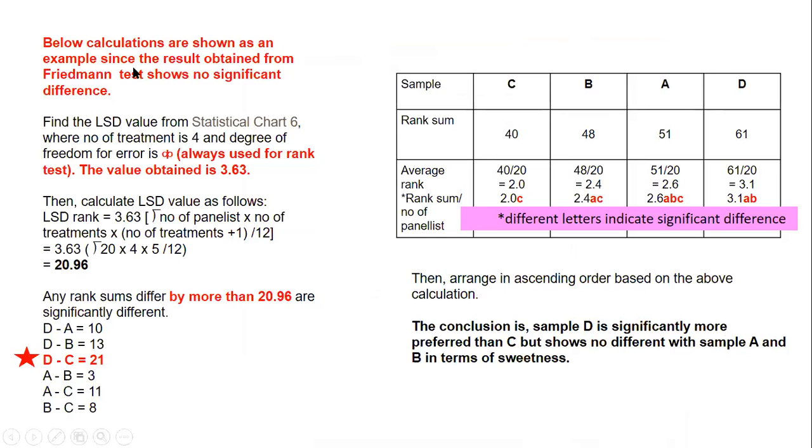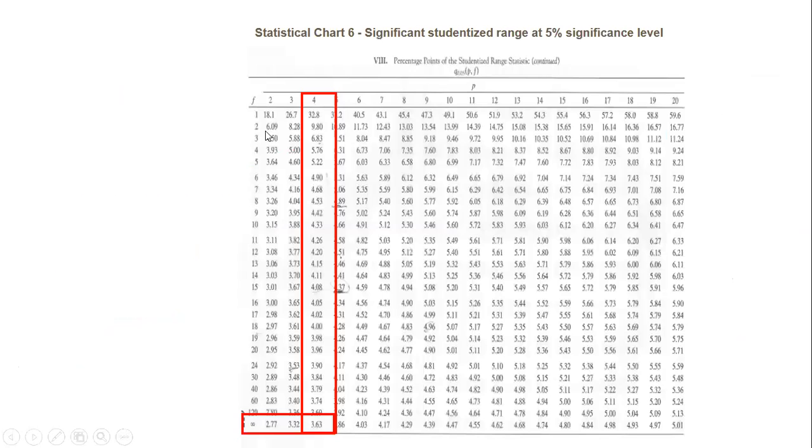Since the result obtained from the test just now shows no significant difference, but we just act like we have a significant difference, we go straight away to calculate the least significant difference value. For that we will use statistical chart number 6, but as always, don't memorize the number of the chart. Memorize what is inside the chart.